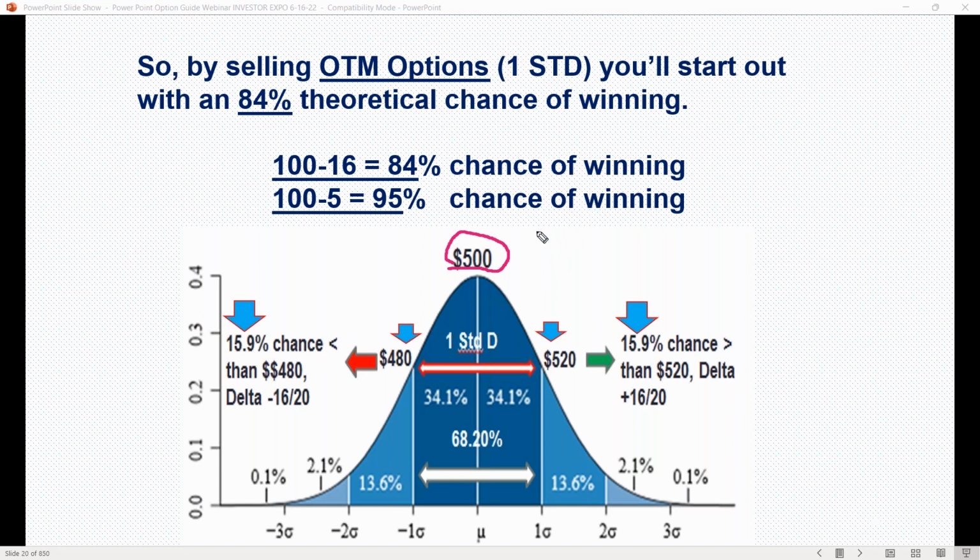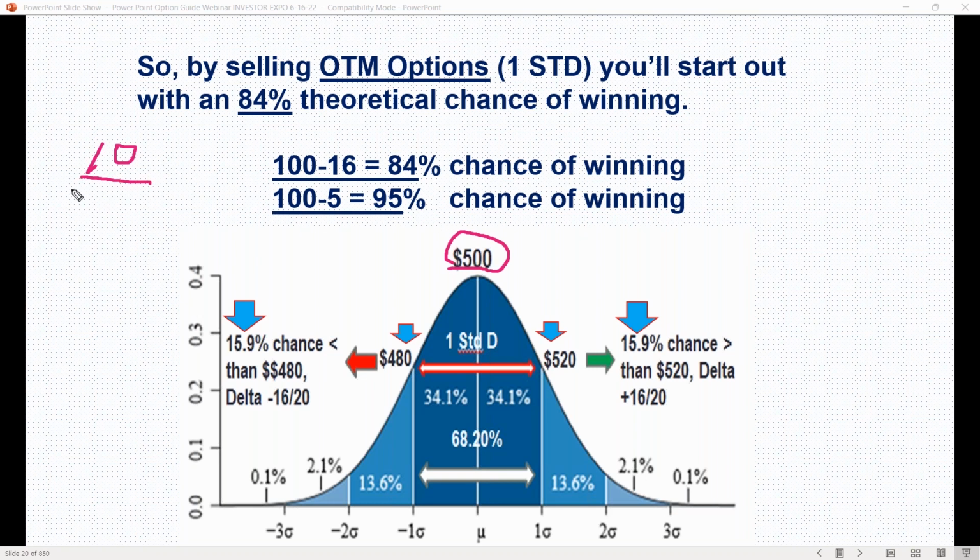Theoretically, when we look at options, we have what we call the option delta. A real simple way to think about delta is that it's telling us the probability of an option reaching a certain price point. So for example, in this example we have 10 days to expiration for this option series, and then after 10 days it expires worthless. The market here is trading at the money at $500.